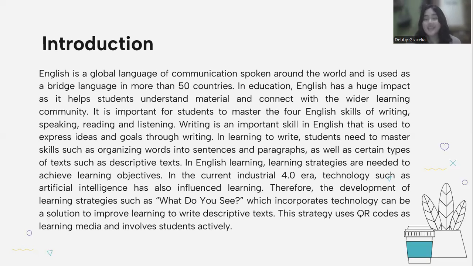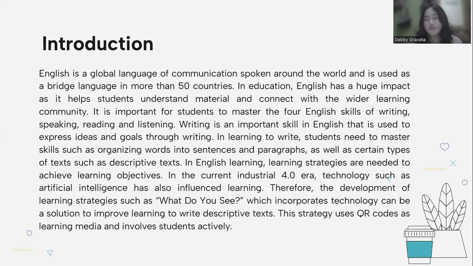And we know that English has a lot of kinds of text, and one of them is descriptive text. Descriptive text is a text to describe something, someone, or a place. So it is important for students to master how to write descriptive text in the correct way.